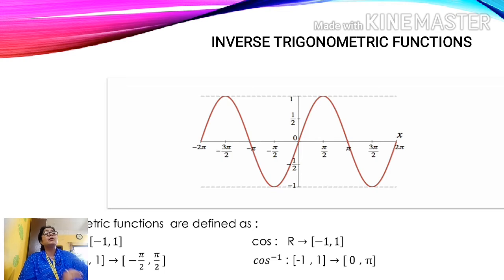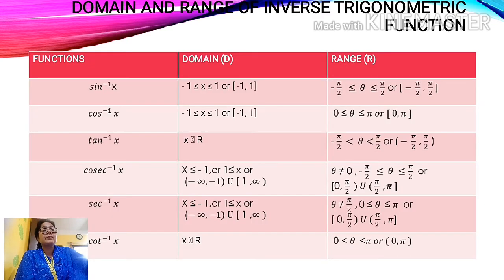That is the way we can restrict the domain and range of every trigonometric function, like cos inverse, tan inverse, sec inverse, cosec inverse, cot inverse, all. Now let us check the domain and range of inverse trigonometric functions.